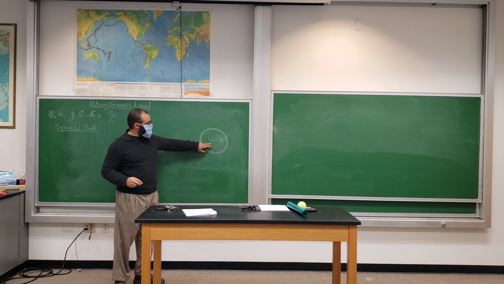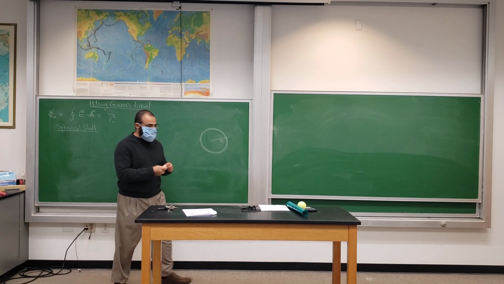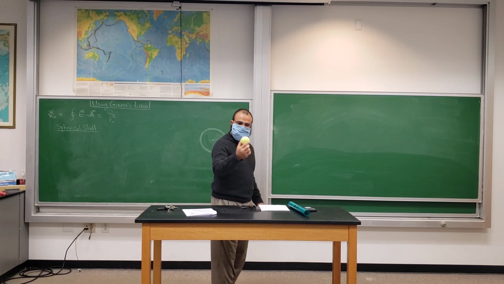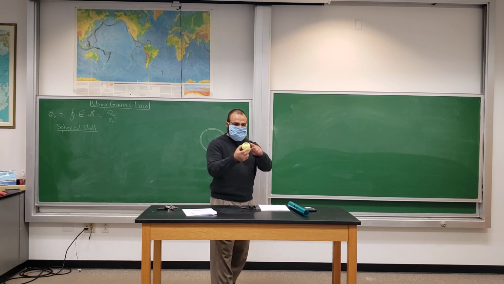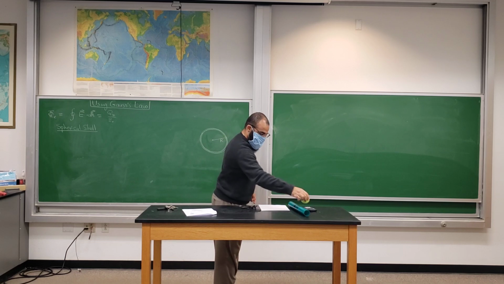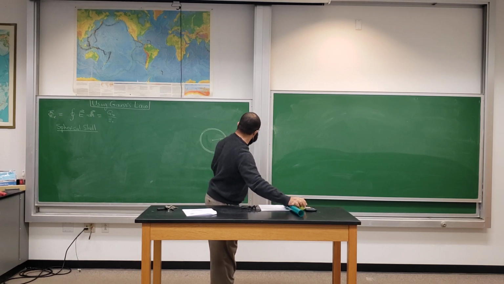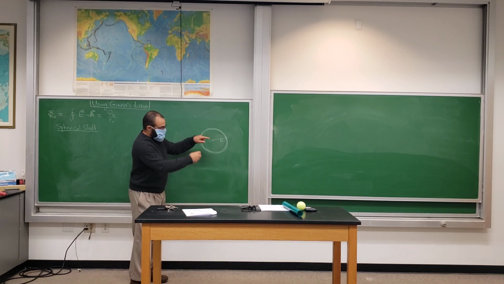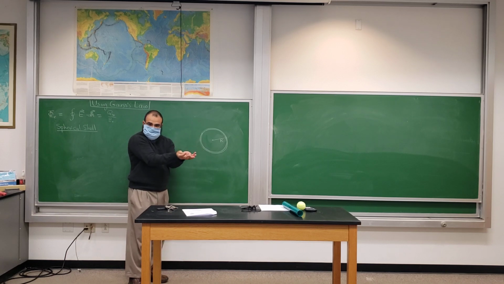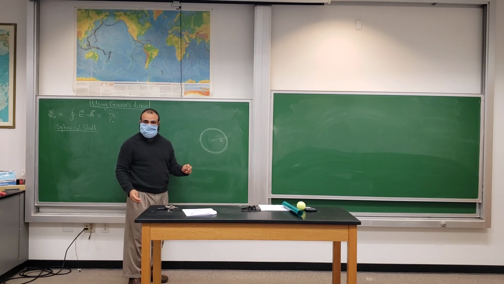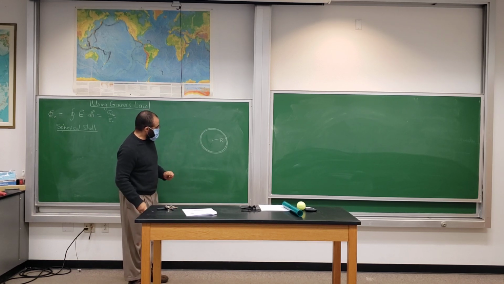No, it's empty, and so the only charge is here. It's like my tennis ball here. Imagine the charge is only on the surface and inside is just empty. Of course I drew just a side view, but it's a whole sphere.